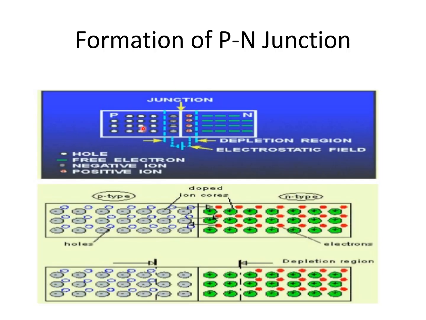All these circles indicate the holes. These green lines indicate the free electrons. These are the ions, immobile ions, negative ions. This red mark indicates the positive ions. Electrons are majority charge carriers in N-type. Holes are majority charge carriers in P-type.